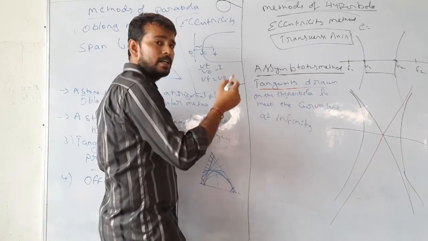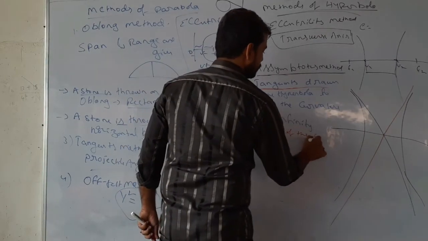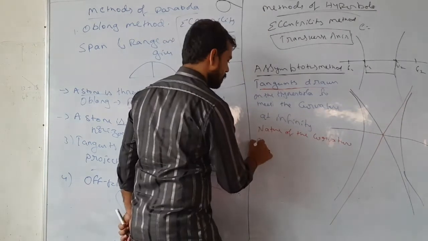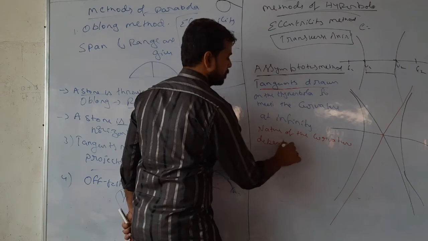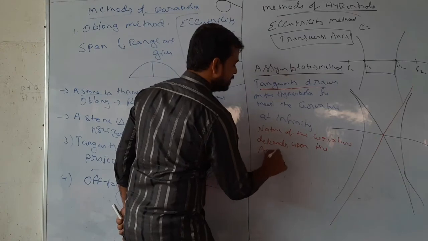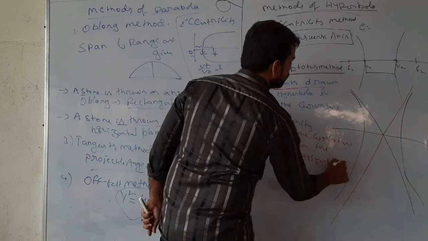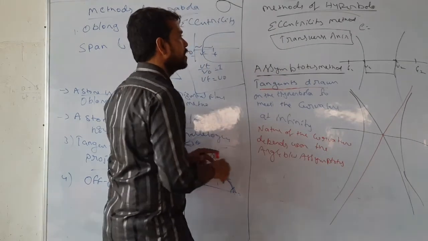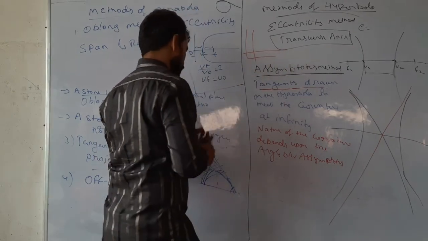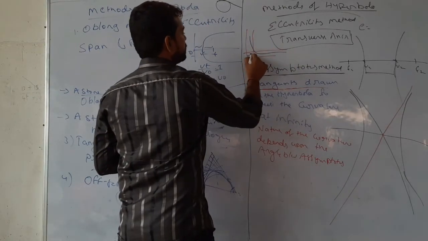In the asymptotes method, the nature of the curvature depends upon the angle between the asymptotes. Drawing a hyperbola by the asymptotes method looks like this. Here the angle is 90 degrees.